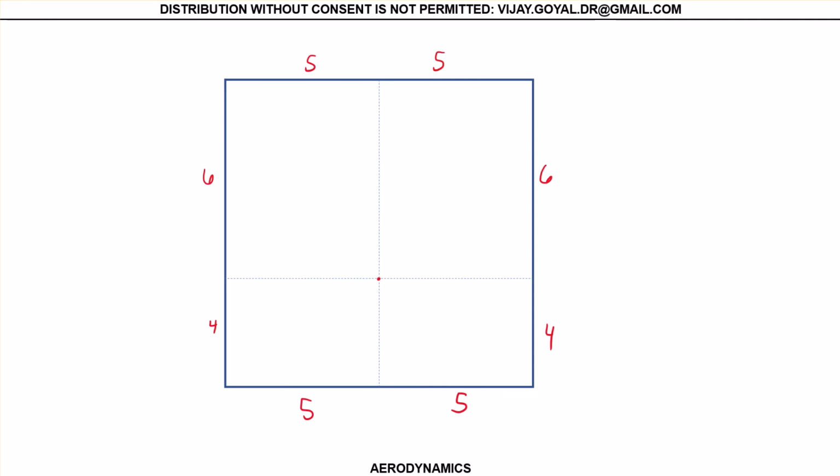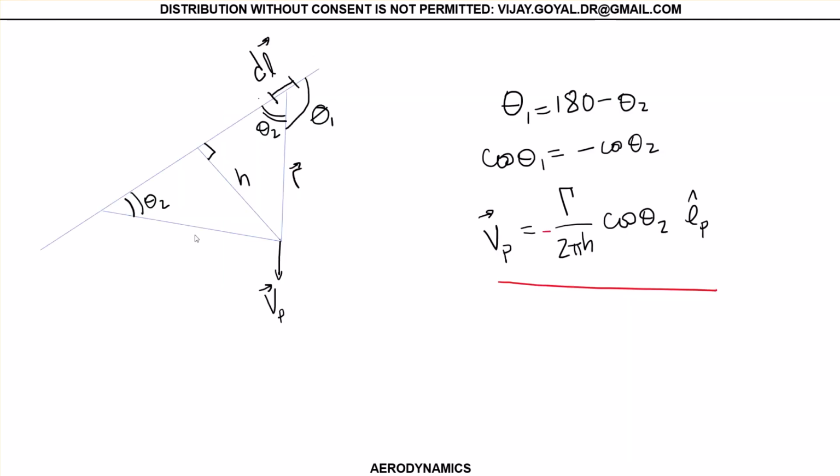Why do I want to divide into triangles? Well, note first of all, this we found in our class lectures. We found that if we have something with the same angles, theta 1 and theta 2 are identically 0. So I'm not considering this part right here. I'm just considering this big triangle. Then you can show that the velocity at this point coming downwards, as a function of theta 2, is given by this.